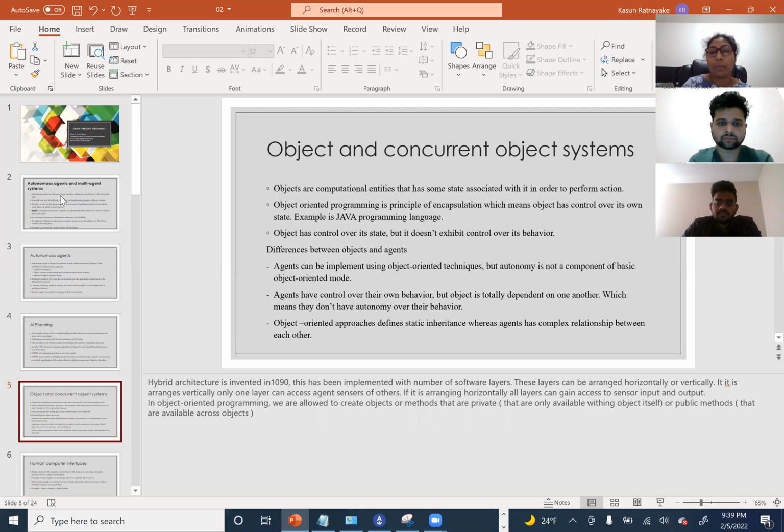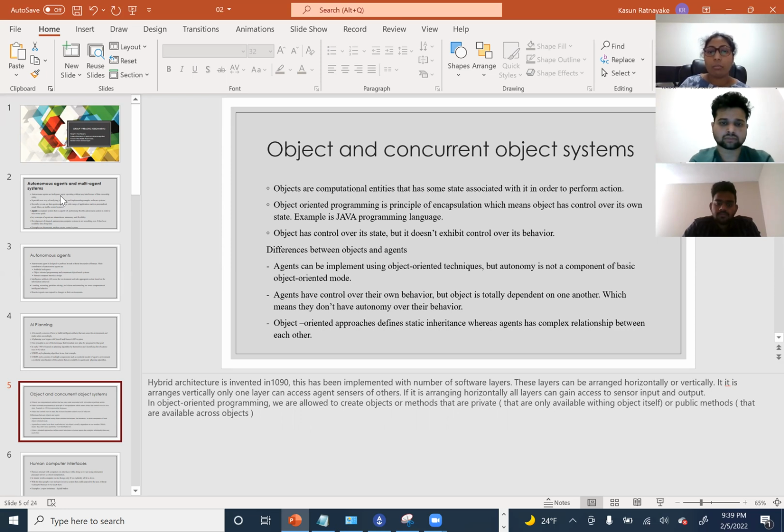Object-oriented programming is also something introduced recently, with a mechanism by which we can implement objects, and an object can control its own state and use it to make decisions. For example, Java, C#, and C++ are object-oriented programming languages. An object has control over its state, but it doesn't exhibit control over its behavior.